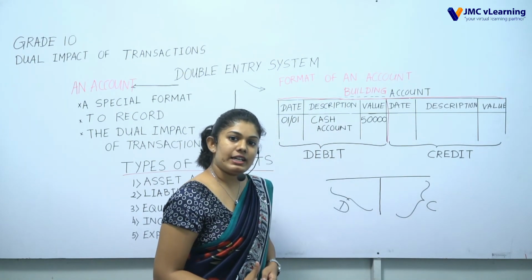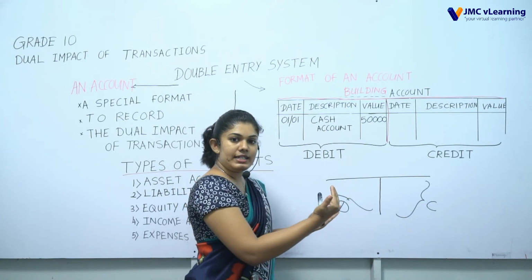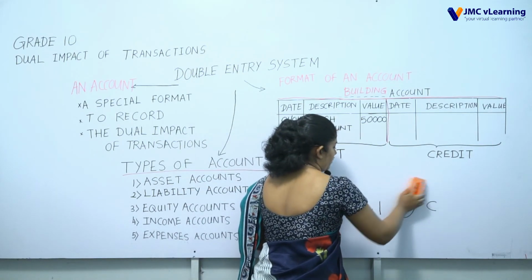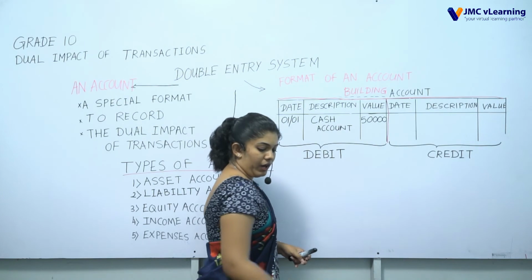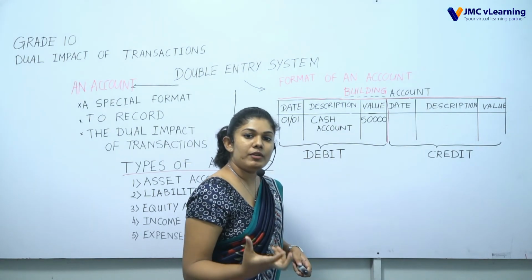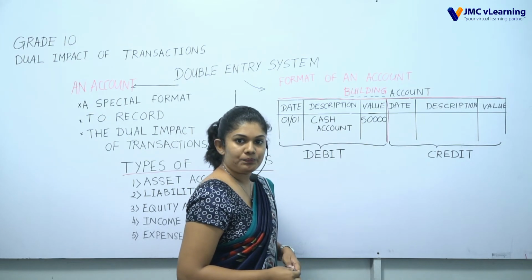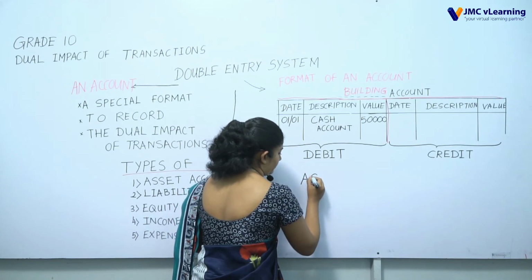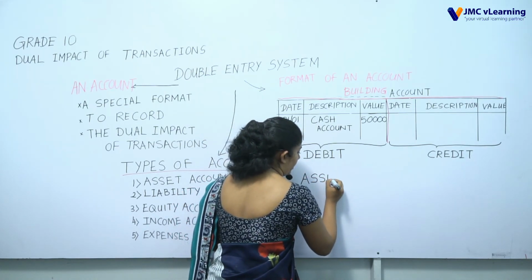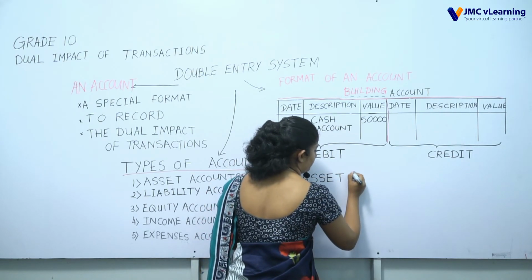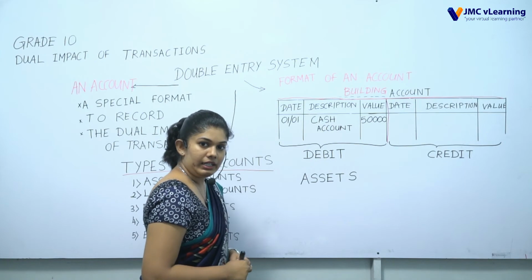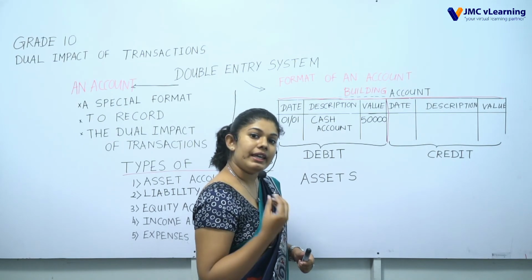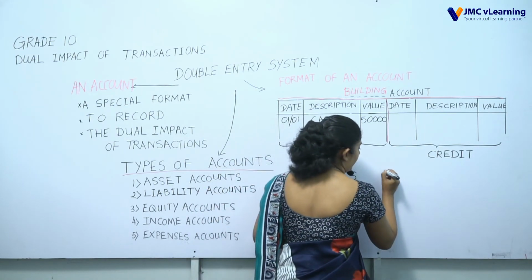To record transactions, we use these two sides in a systematic method. To record transactions, first of all, we have to sort out what is the type of account, what is the type of element that the transaction is affected. If the transaction affected assets, think the transaction causes the asset balance to increase.